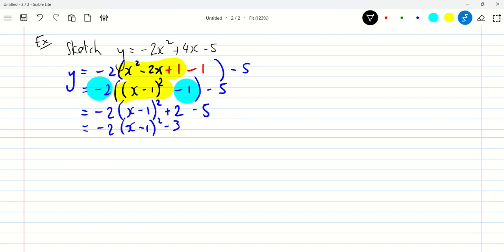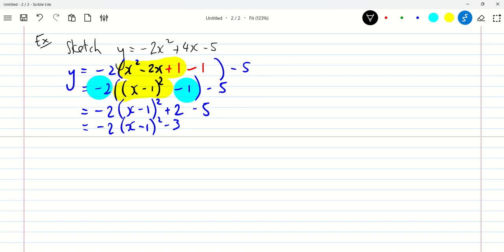What have I got? Well, I'll come down here and do my sketch. What that means is the turning point is going to be at 1, -3. Okay, so 1, -3. I'll do it in red. I'll just squeeze it in a little bit more than that because it's not going to be great.